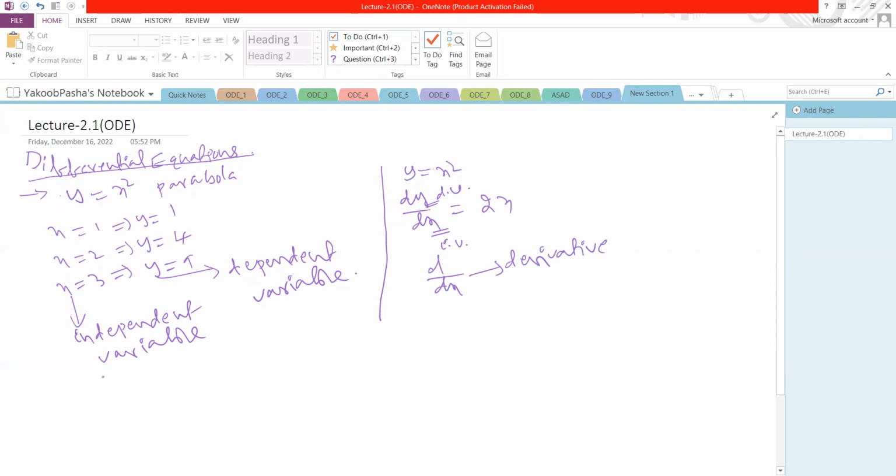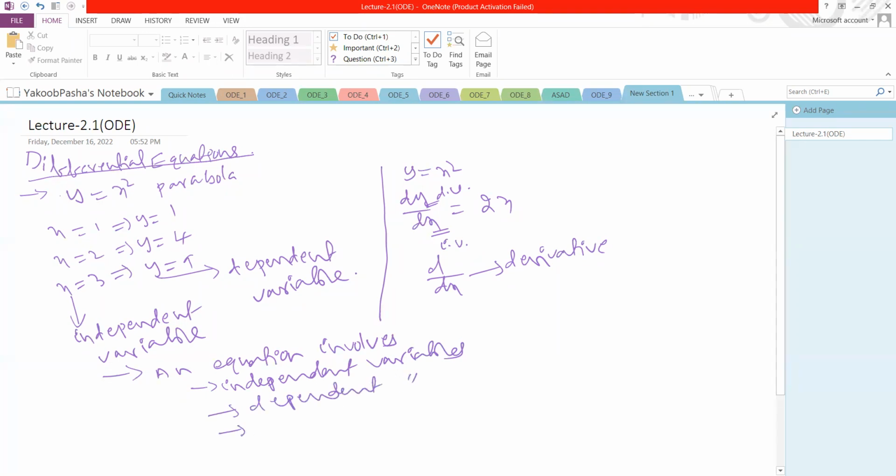So an equation which involves, number one, independent variables, number two, dependent variables, and derivatives with respect to one or more independent variables, then that equation is called a differential equation.